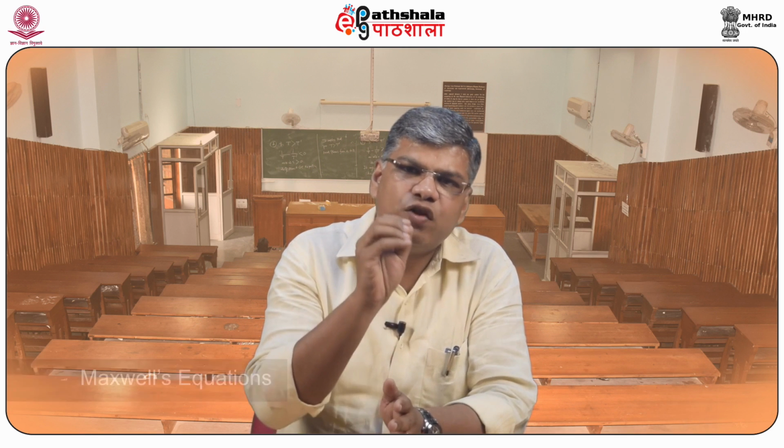Then we studied Maxwell's equations and we wrote them down in an explicitly covariant form. And from there, we then worked on the electromagnetic field tensor and the transformation properties of electric and magnetic fields under Lorentz transformations, and we derived the same.